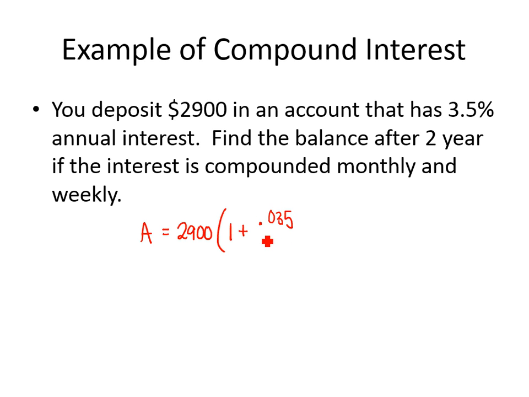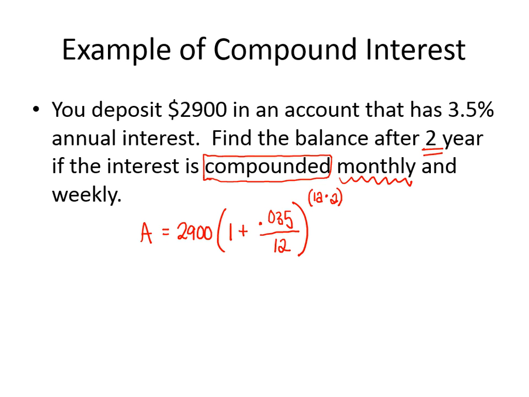And then the number of times that it's going to be compounded. Yes, I know it says annual interest, but the word compounded is what we're looking for. If it's compounded yearly, we would put a 1 here. But this is compounded monthly, so we're going to put a 12 here. And then it's to the power of N, so that's 12, times the number of years you are going to keep it in your bank account, which is 2.